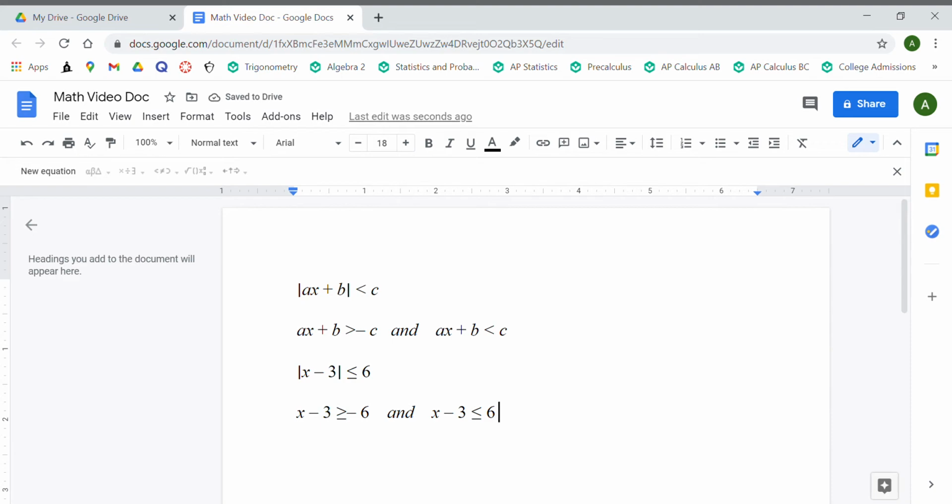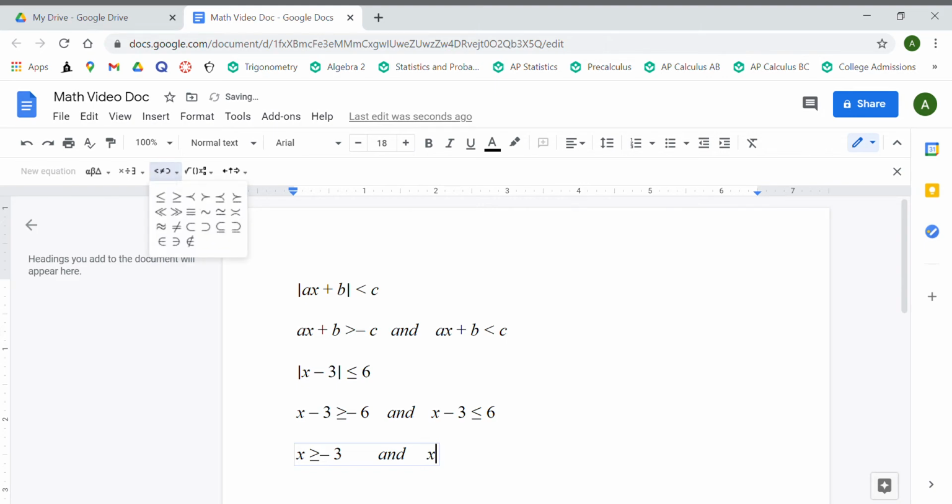Now we simply solve each of them. Add 3 to both sides, we get x is greater than or equal to negative 3, and x is less than or equal to 9, because we're adding 3 to each side.